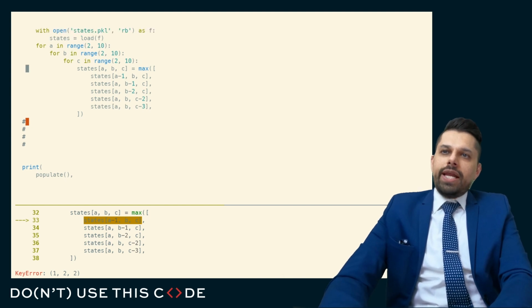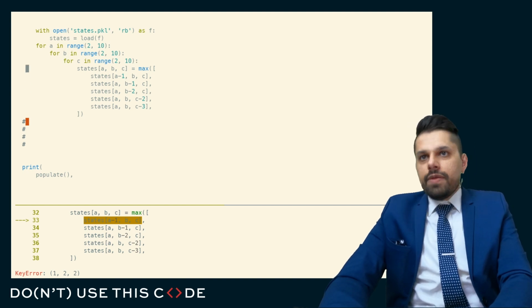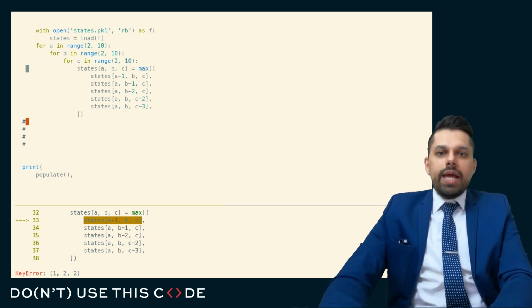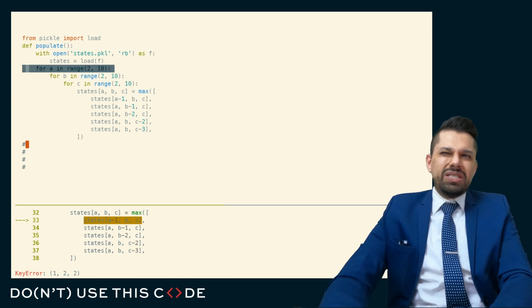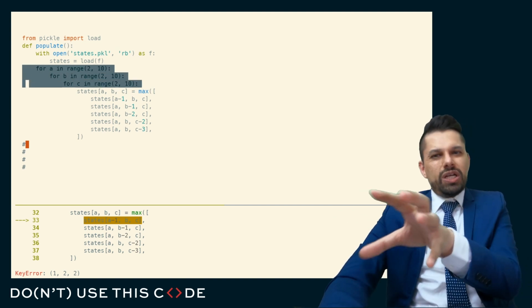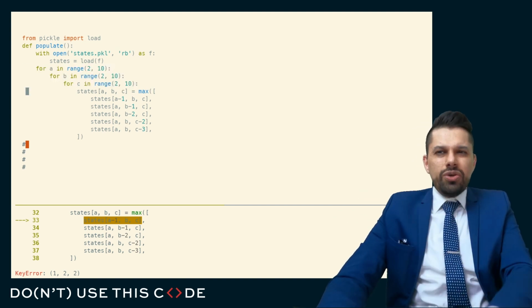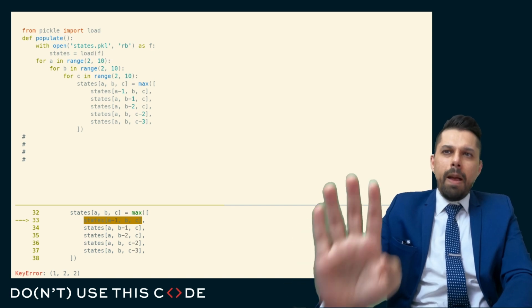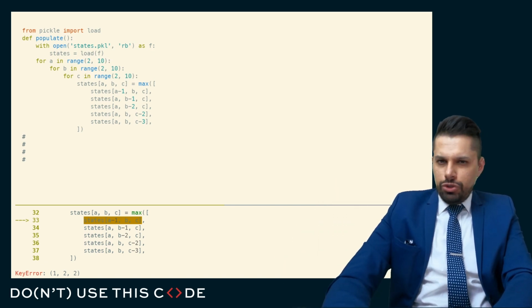Because we know that if we have A minus 1, B minus 1, B minus 2, C minus 2, and C minus 3 already populated, then we can populate A, B, C. If we have that populated, we can populate the next thing. So it's not as easy as writing this. We actually have to figure out what the dependencies are and encode those dependencies a little bit more directly. But I want to leave this here for you to try.